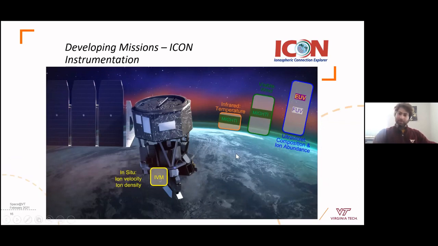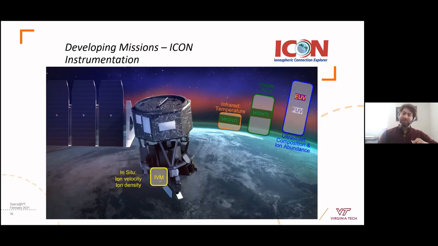So the best way to discuss how it's going to do these things is likely to look at each instrument. So giving us wind and temperature is the MIGHTI instrument. One of the I's in here is for interferometer. I think it's Michelson interferometer. I could be wrong. It's in my backup slides.